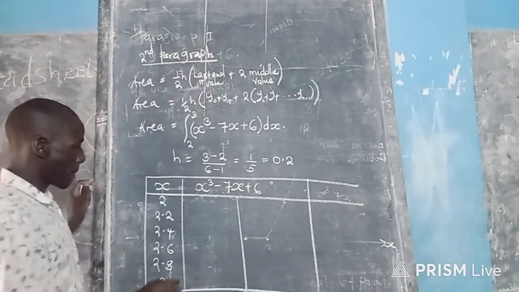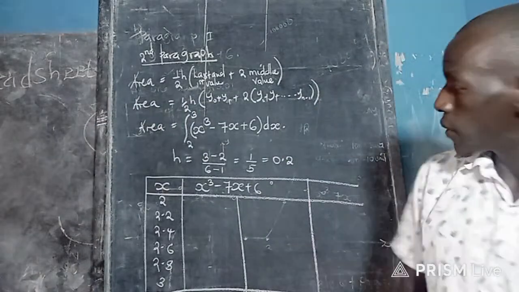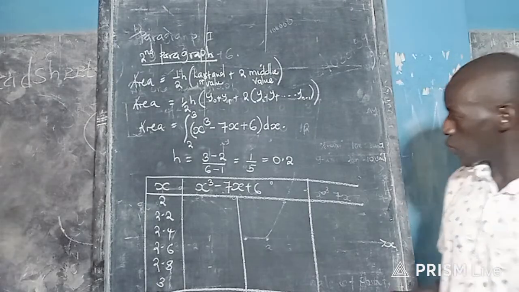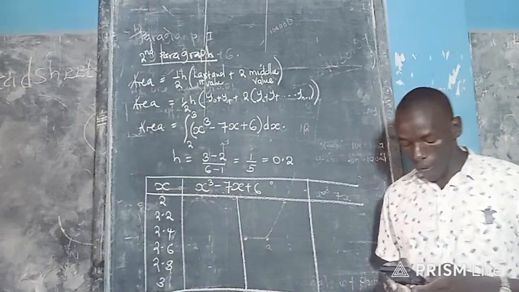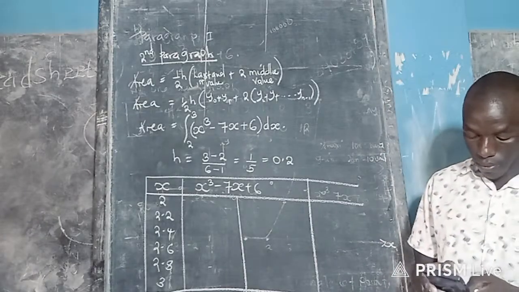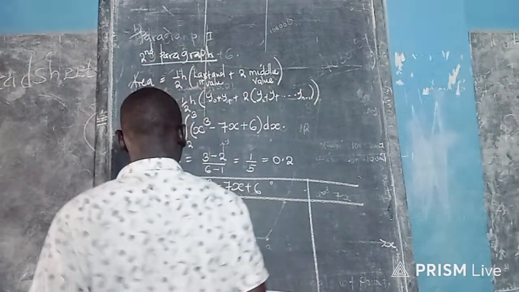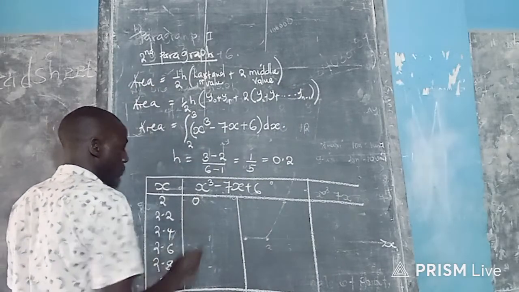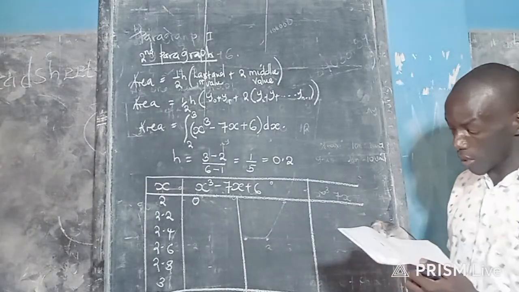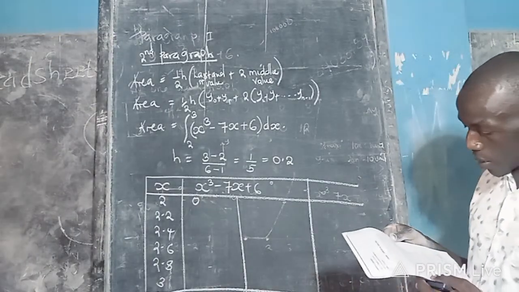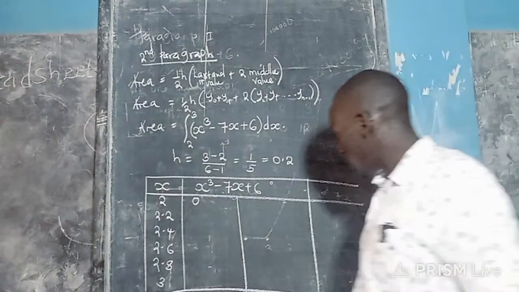So after that, let's get the first value. That is for my x equals 2. So when you have 2 to power 3 minus 7 of 2 plus 6, this value is 0. They have told us here that we are not given the approximation, the number of decimal points.